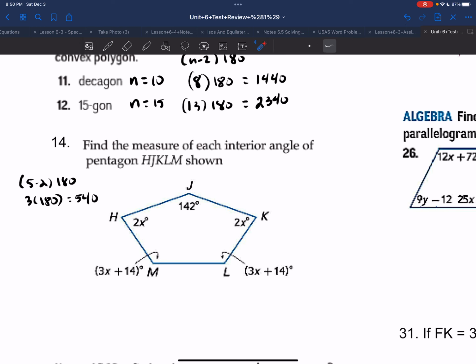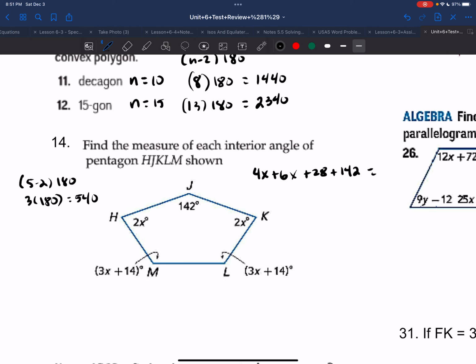Okay, so I need to add all of these up and set that equal to 540. So I know that 2x plus 2x is 4x. And then 3x plus 3x is 6x. And then 14 plus 14 is 28. And then I'm left with this 142, which is right here.